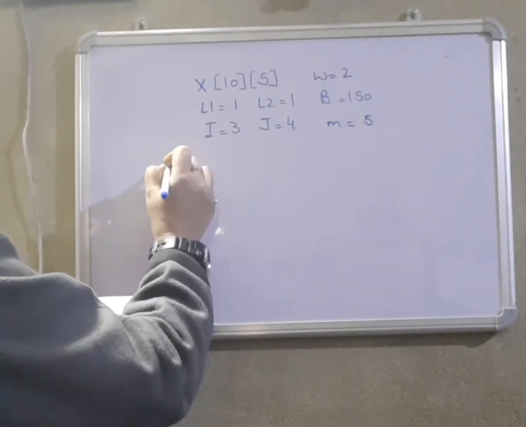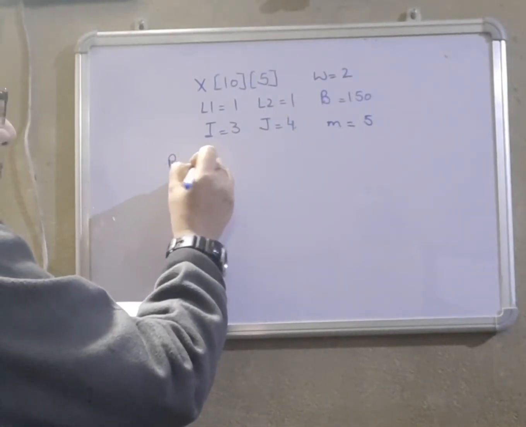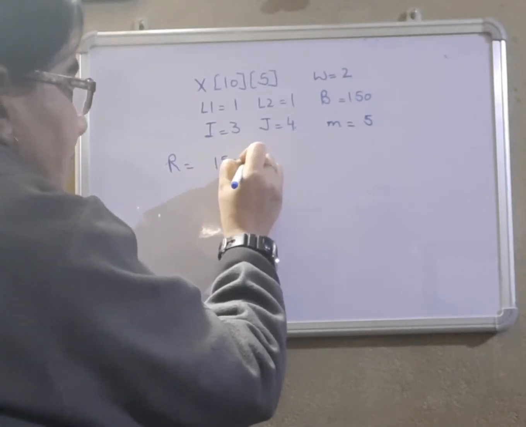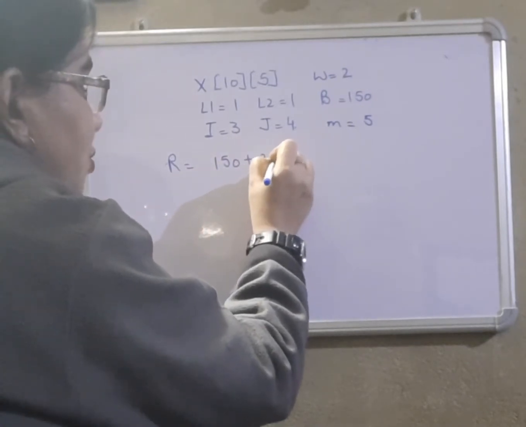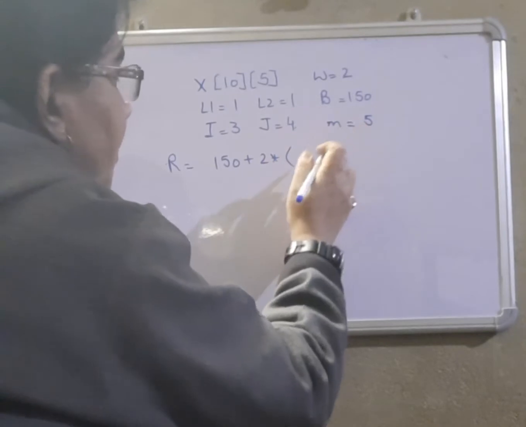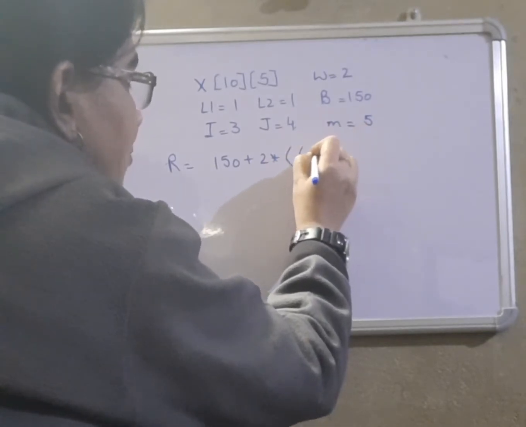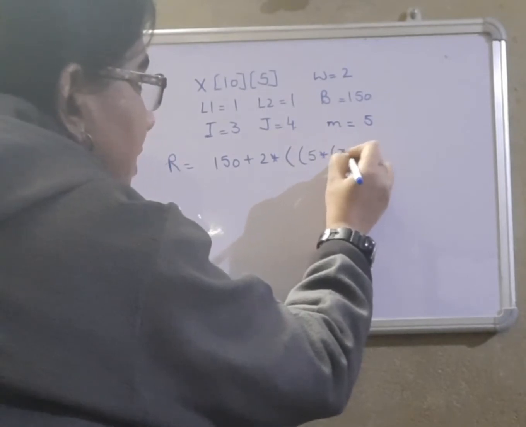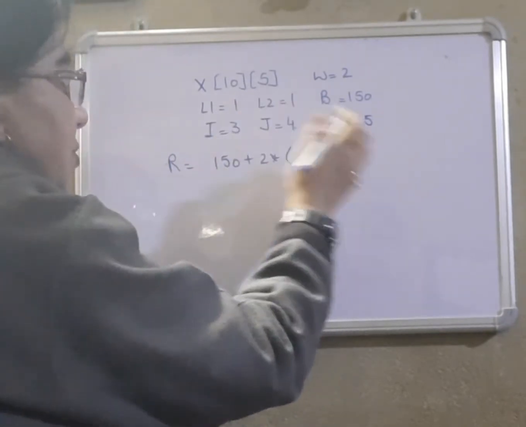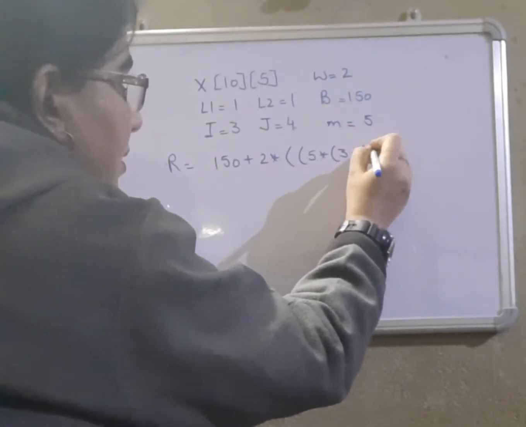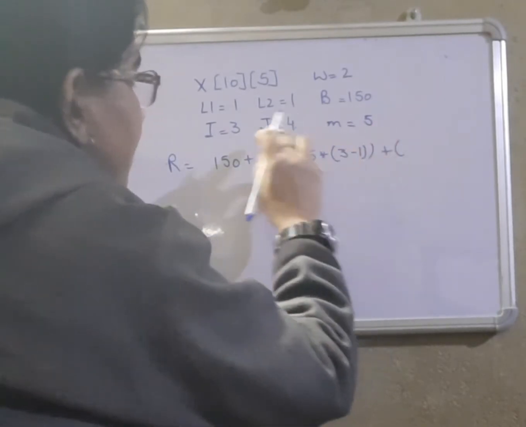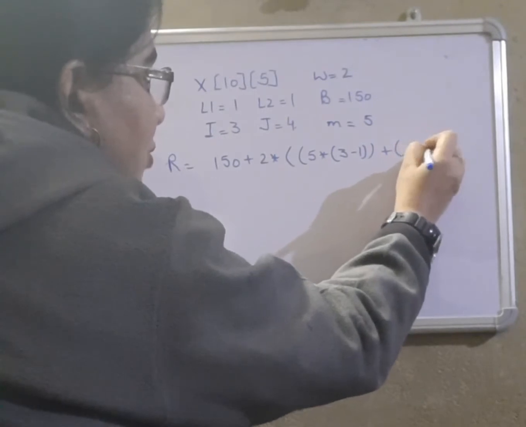Now if we apply that formula of row major, it was base address 150 plus W into, that is 2 into, M into, M is 5 into, I is how much? 3, I minus L1. L1 is 1 plus J minus L2. J is 4, L2 is 1.